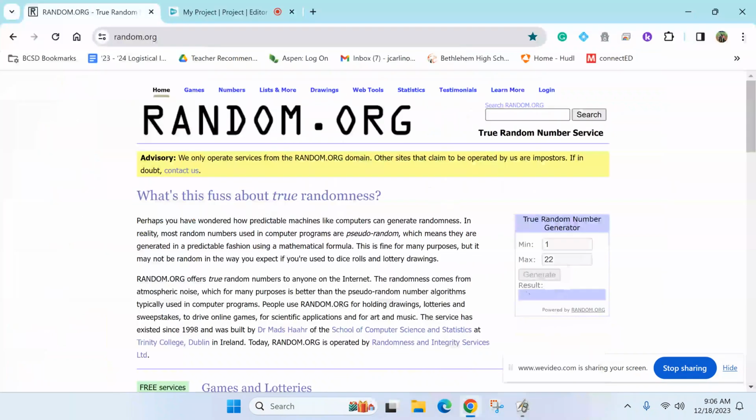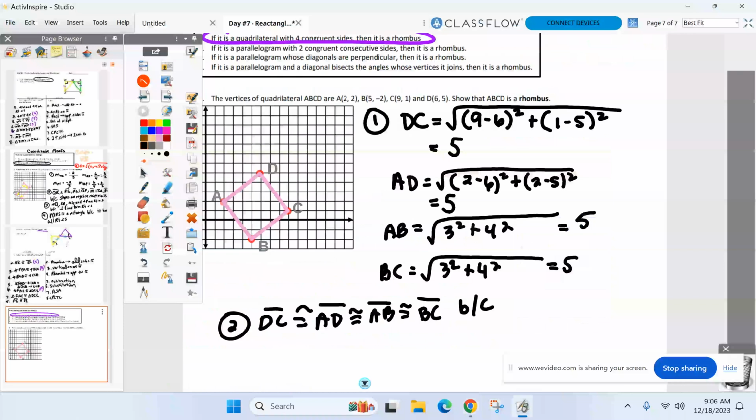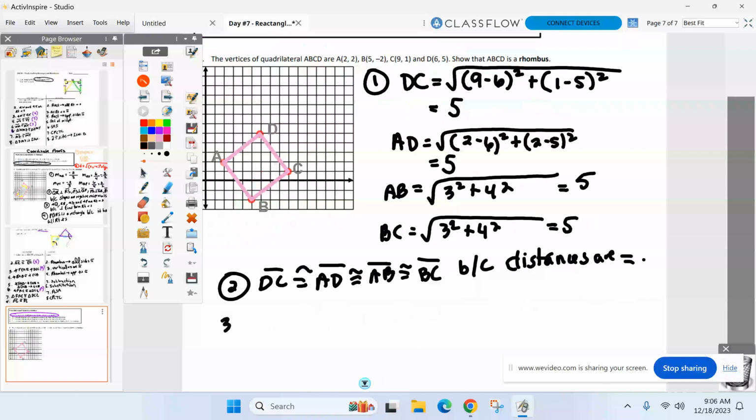Because, all right, somebody else, how do we know they're congruent? How do you know from your work above that they're congruent? Micaiah, how do you know? Perfect, because distances are equal. And that's all I need to say, right? 4 congruent sides makes a rhombus.